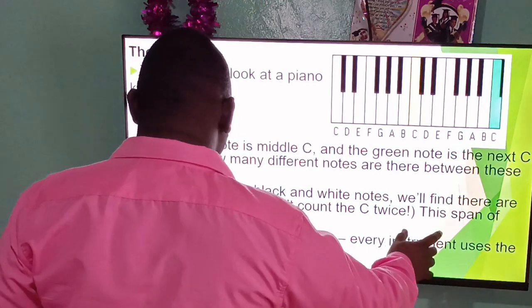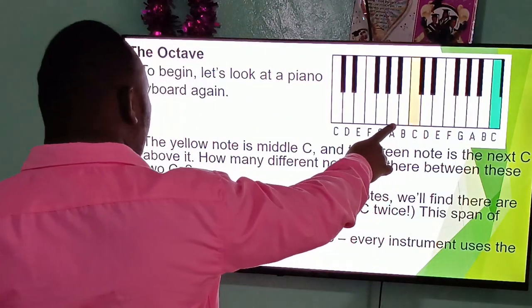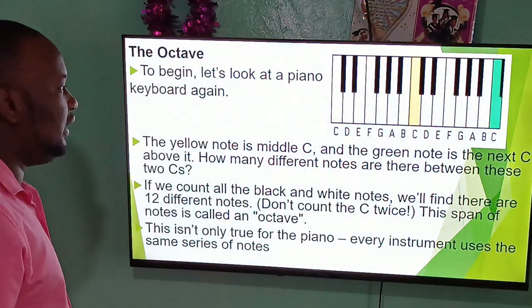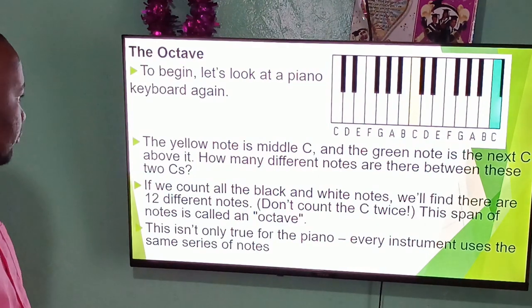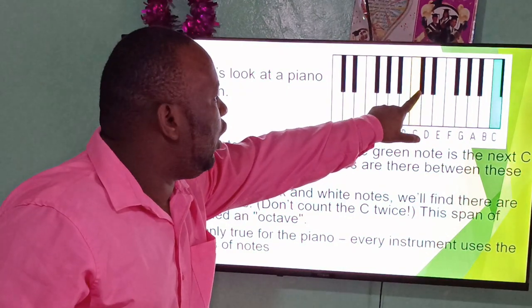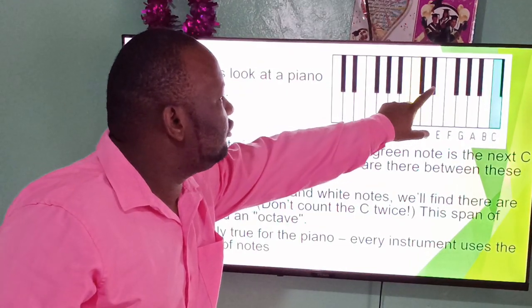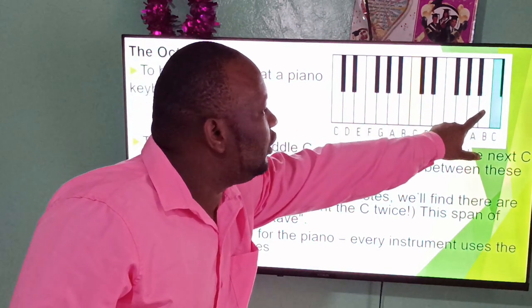Between these two C's, we can count. We count both the white and the black keys. We start: 1, 2, 3, 4, 5, 6, 7, 8, 9, 10, 11, 12.